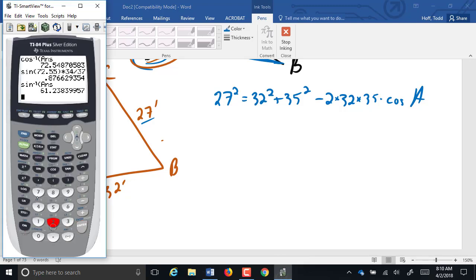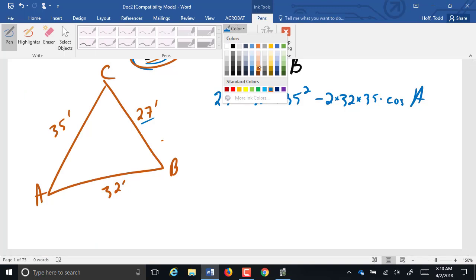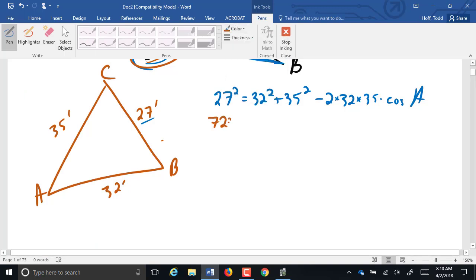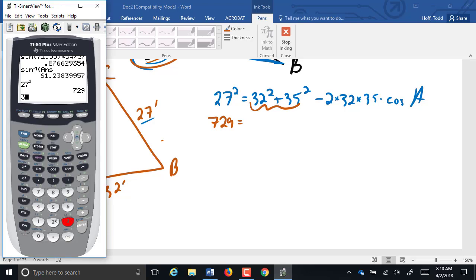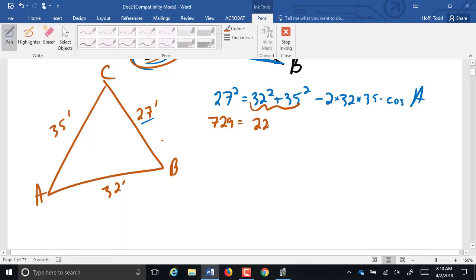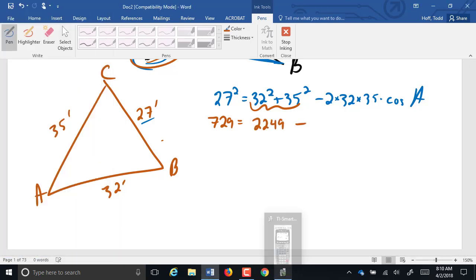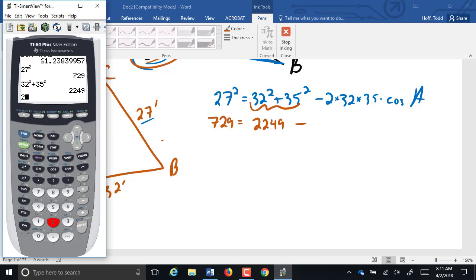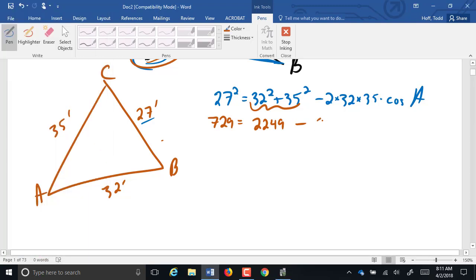So 27 squared, 729, equals, we're going to combine 32 squared and 35 squared, 2249, minus 2 times 32 times 35, 2240 times the cosine of A.